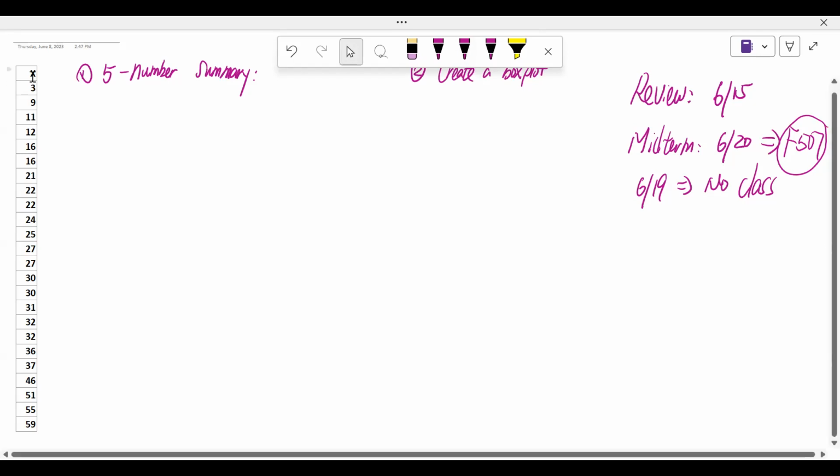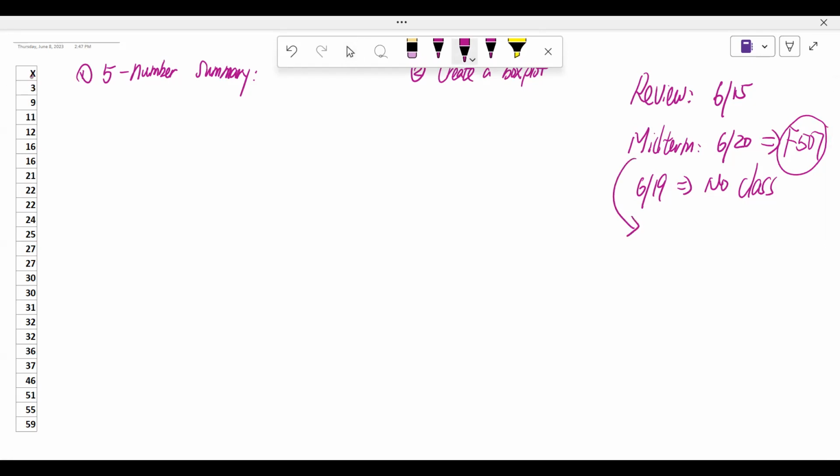For all the exams, midterm and final, you're allowed to use a formula sheet; if you want to print it out, that's good. You can use a calculator or Excel, or both if you want to. But no book, no notes.